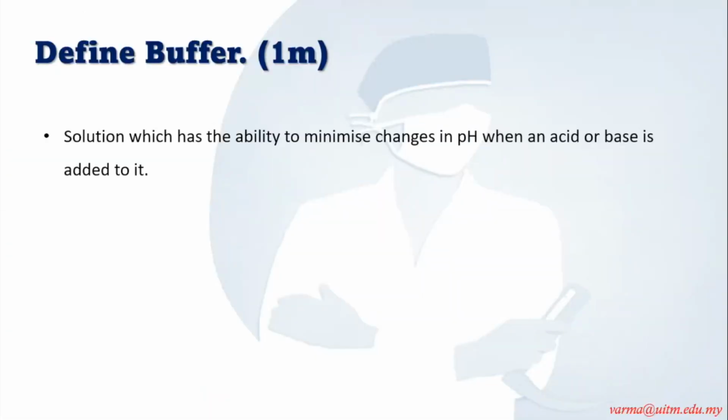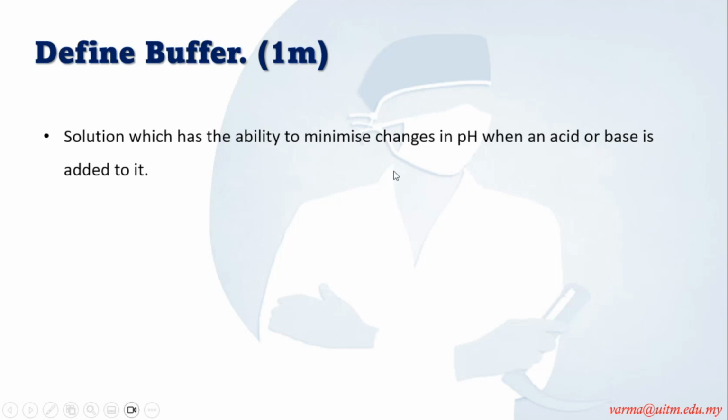So, define buffer. You have to know this definition by heart. It is a solution which has the ability to minimize changes in pH. Or you can say it's a solution which has the ability to resist changes in pH when an acid or base is added to it. This is a complete definition; if you stop before that, it is not complete.